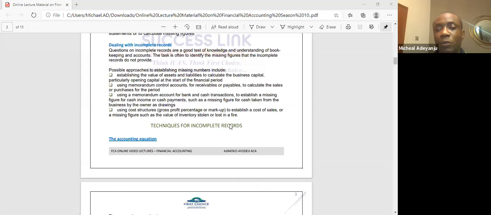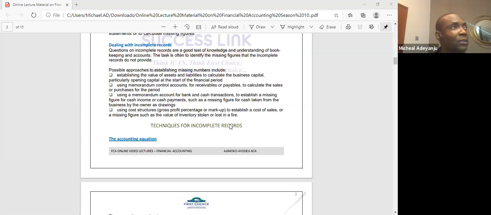Also, we use memorandum control accounts for receivables and payables to calculate sales or purchases for the period. Like I said earlier, if you want to determine your sales for the period, then you have to look at your receivables because that is the only line item that correlates with your sales for the period.